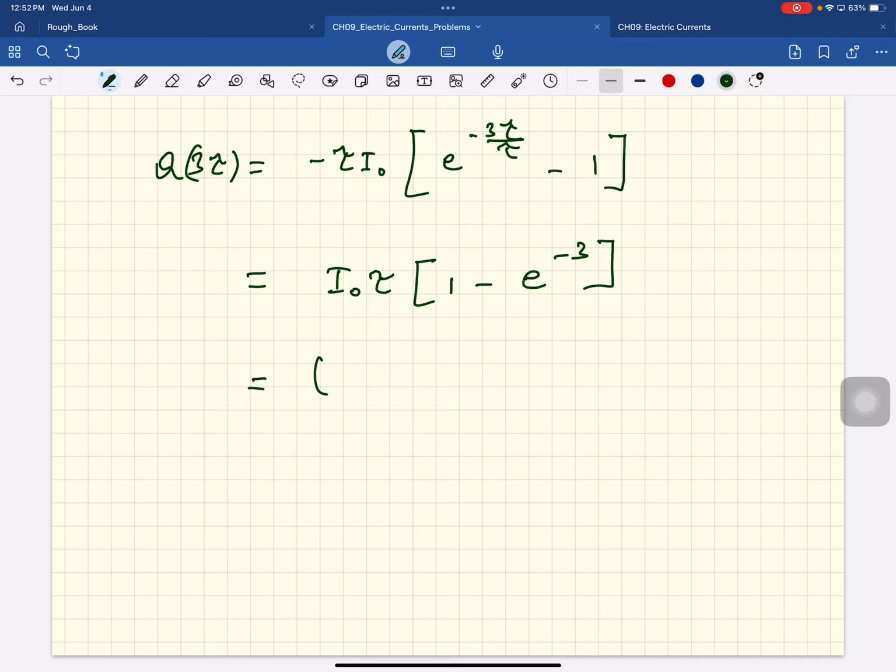They tell you I naught is 3 amps, tau is 0.5 seconds, and this number is that number, 0.95.